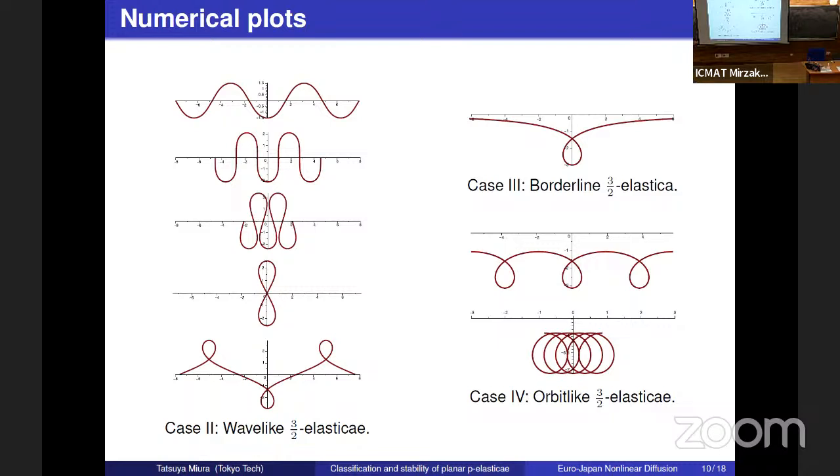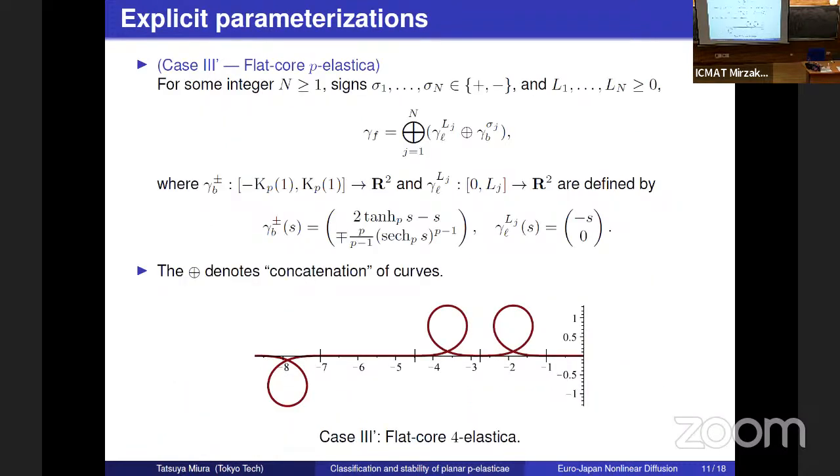If p is greater than 2, we have another type of elastica, which is called flat-core p-elastica. These are a way to define the curves, but they are not so important in this talk. The most important point is that we have this kind of non-periodic curve with a flat part, as in many other problems of nonlinear diffusion with degenerate diffusion.